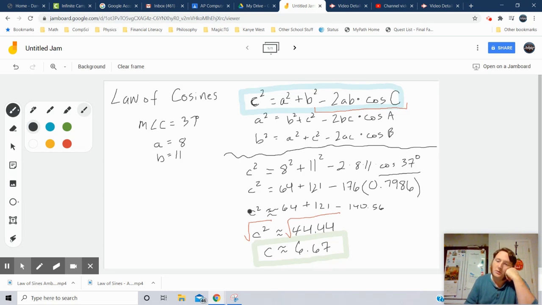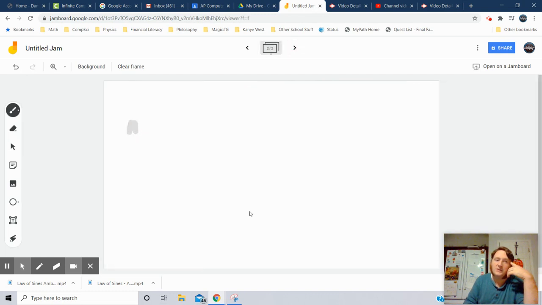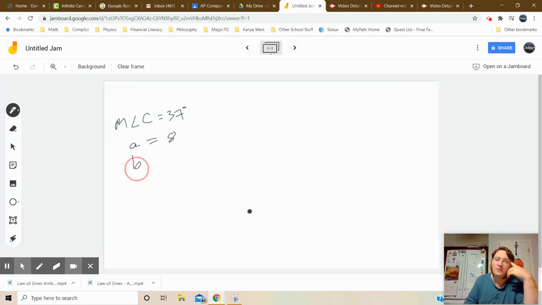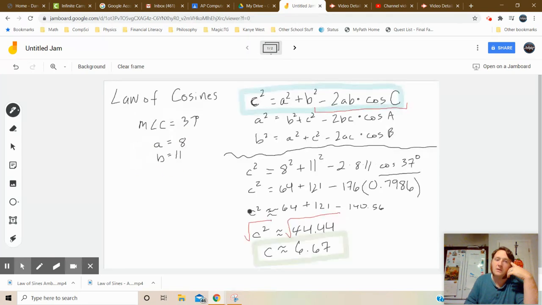But also, now that we've worked a law of cosines problem to find the side, if the problem asks us to solve the triangle or starts asking for other things, after we finish all of this, we can say, well, measure of angle C was 37, A was 8, B was 11, C was about 6.67.